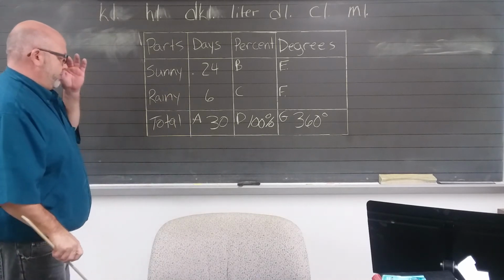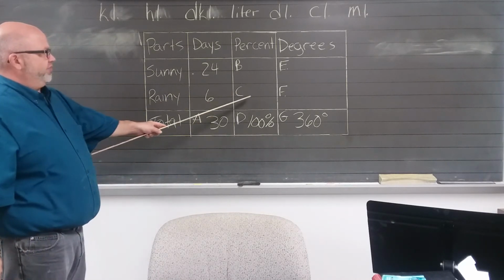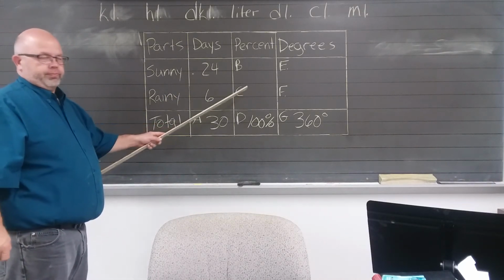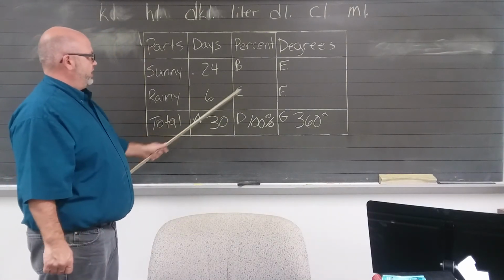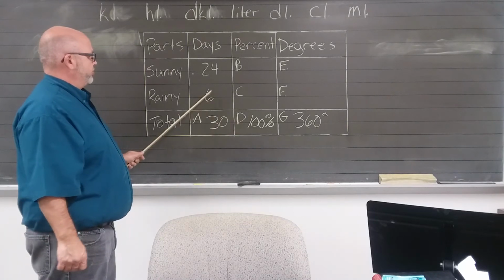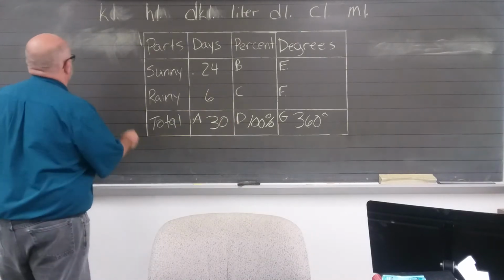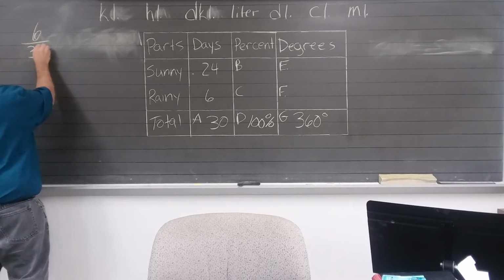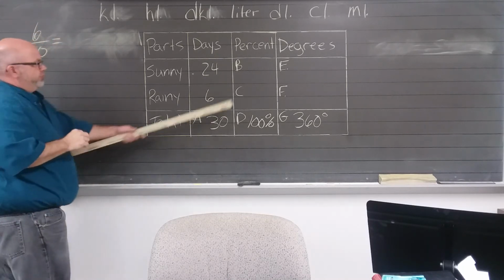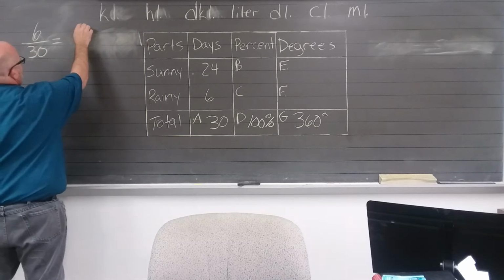Now simply form proportions. How do we find C? 6 goes with C. So it's 6 over 30 equals C over 100.